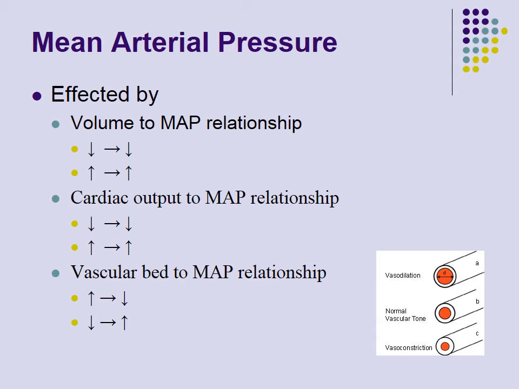As our vascular bed decreases or vasoconstricts, we can expect our mean arterial pressure to come up. And you're going to see that part of the adaptive responses that we're going to see in shock is our vascular bed will vasoconstrict to try and bring that blood pressure, that mean arterial pressure, up. And you can see over on the side here on the right, I have some examples of vasodilation, normal vascular tone, and vasoconstriction.